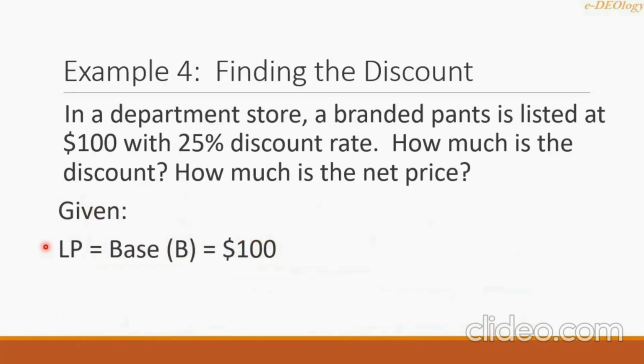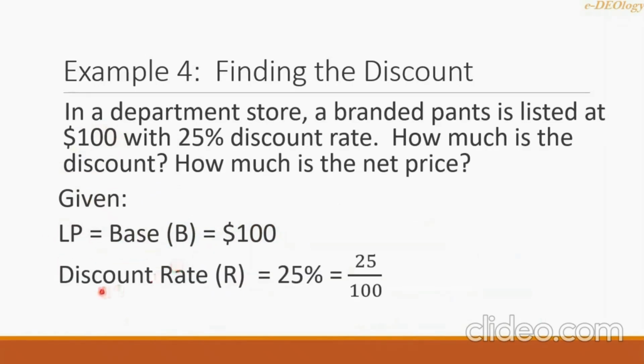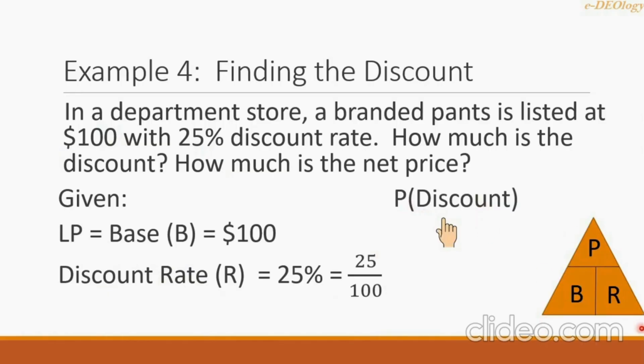Let's go back to our problem. First, let us collect the given. The list price is this, $100. That is the list price, or the base. The discount rate is the R, that is the 25%, where we can express this as a fraction, 25 over 100. So we need the percentage, and that is the discount. With our triangle formula here, the P is on top.